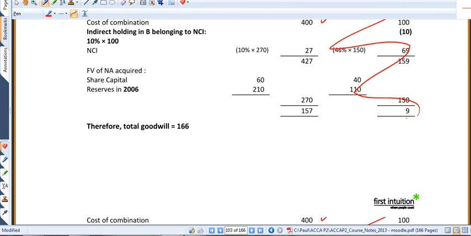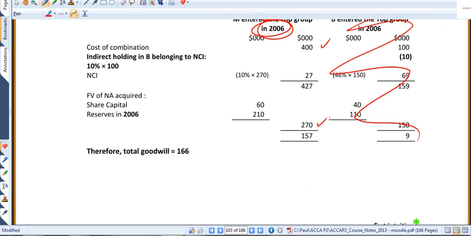Middle would have been worth 270. Now, as we're using the partial method of goodwill, the other 10% non-controlling interest is calculated based on the 10% that they own of the assets we just acquired. 10% of 270 is 27, giving us goodwill relating to the purchase of middle of 157. Nothing new there, that's a traditional goodwill calculation.